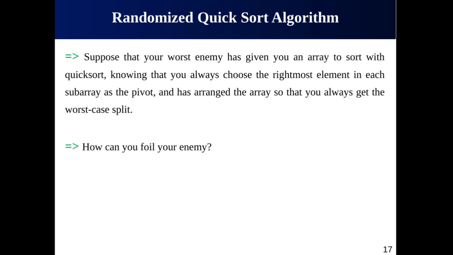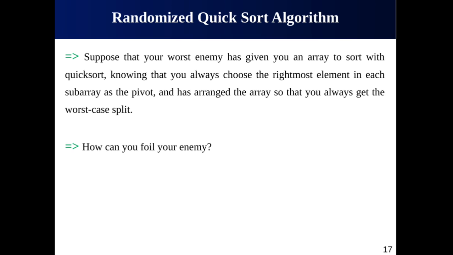So he or she is your enemy. The condition is that you always have to select the last element to become the pivot, and the array is in sorted form. So what will you do? How can you foil your enemy? You could choose not necessarily the rightmost element in each subarray, to facilitate your work.